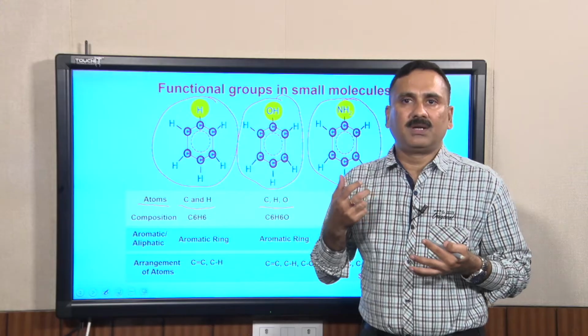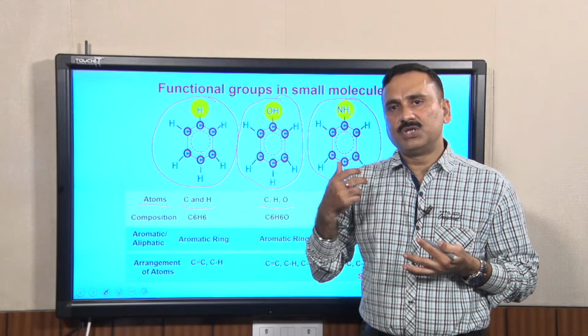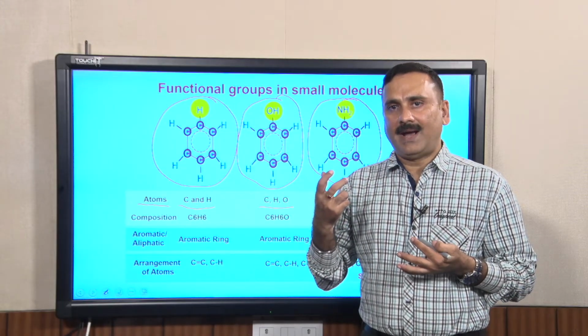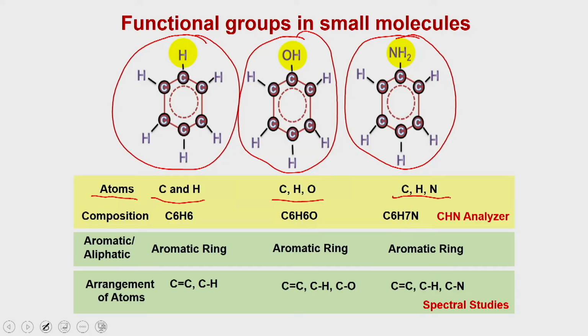For example, in this case the benzene contains carbon and hydrogen, the phenol contains carbon, hydrogen and oxygen, and the aniline contains carbon, hydrogen and nitrogen.